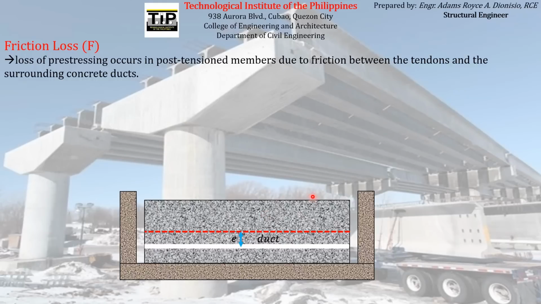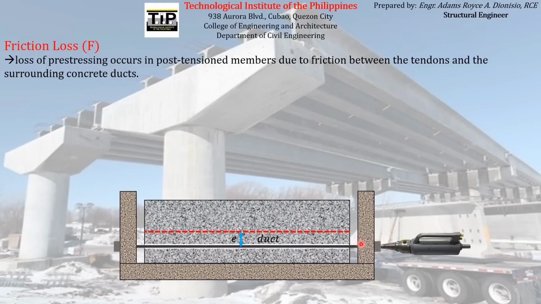When the concrete has already attained enough strength, the prestressing reinforcement will be inserted into the duct, and then a hydraulic jack will be placed on the prestressing reinforcement, which will tend to pull it, thereby applying a jacking force to it.